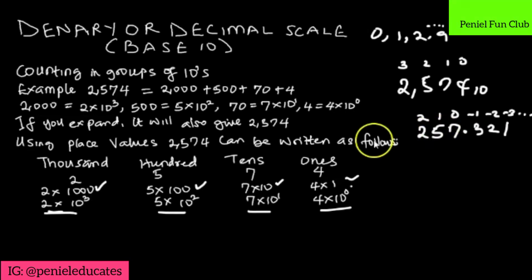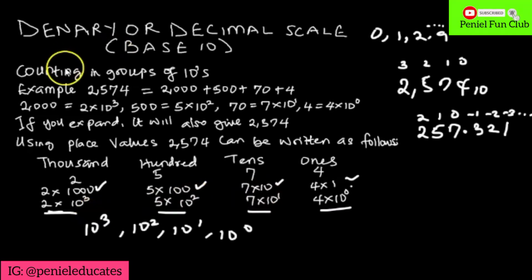All right. So as you know, the index that is 0 represents the units or one place value. The one that is 1 represents tens, like I said, the one that is 2 represents hundreds, and the one that is 3 represents thousand. So it means that 10 raised to the power 3, 10 raised to the power 2, 10 raised to the power 1, and 10 raised to the power 0 show the place value of the digits.